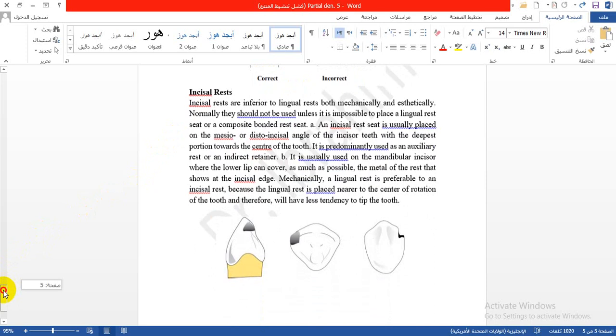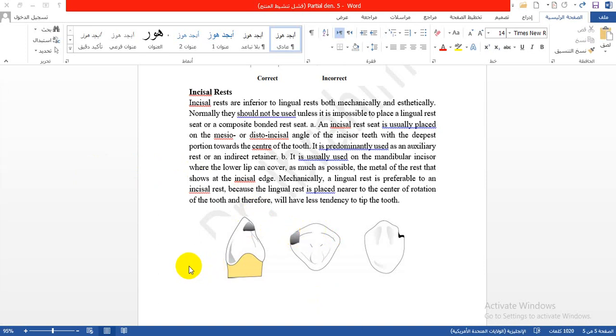عندي النوع الاخير اللي هو الانسايزر ريست. Incisor rests are inferior to lingual rest both mechanically and aesthetically. يعني يكون عندي قلنا بالانسايزر مارجن هذه المنطقة.